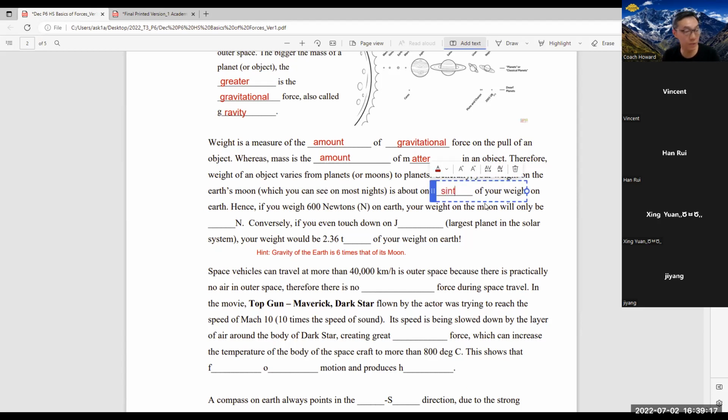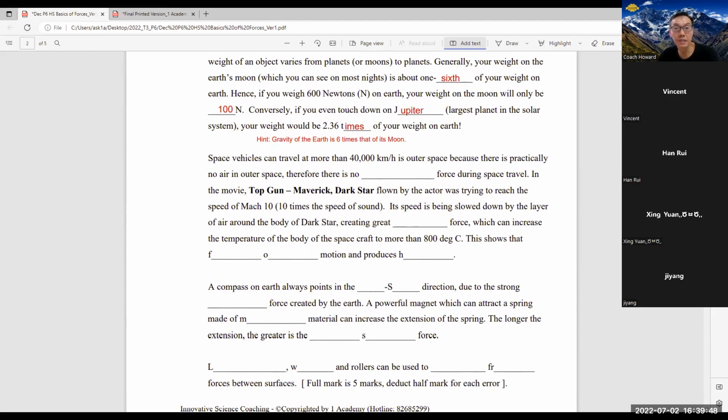Some schools teach the students 1/6, that's 1 divided by 6, because weight is measured in Newtons. So for example, if your weight on Earth is 600 Newtons, your weight on the moon will be only 600 divided by 6. And the biggest planet is called Jupiter. The largest planet, your weight will be 2.36 times, because the gravity on Jupiter is 2.36 times that of the Earth.